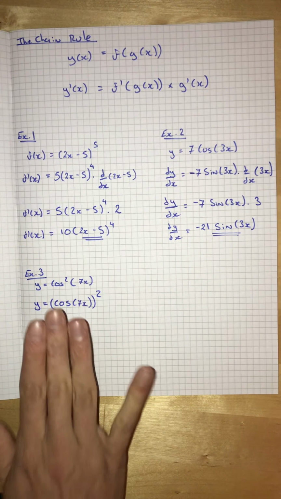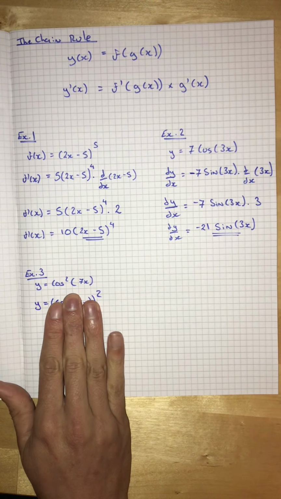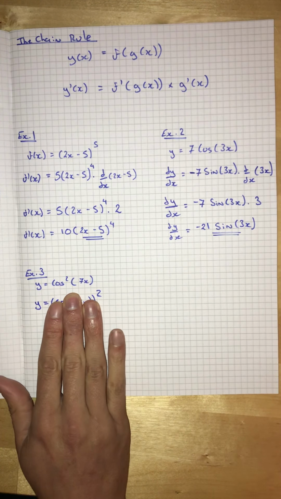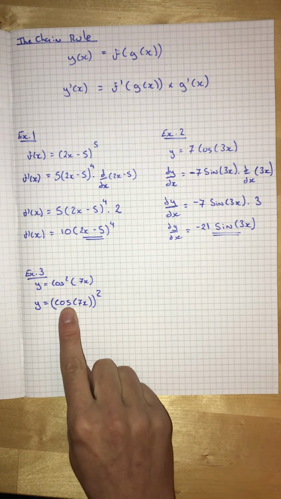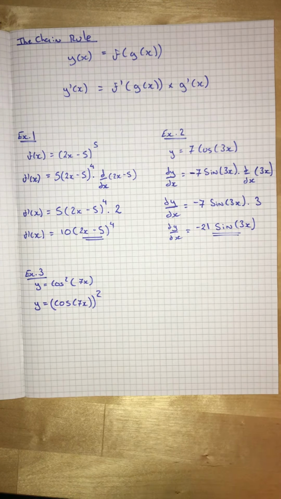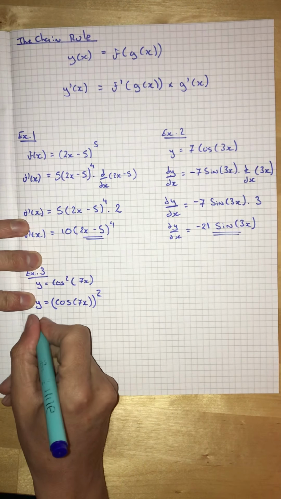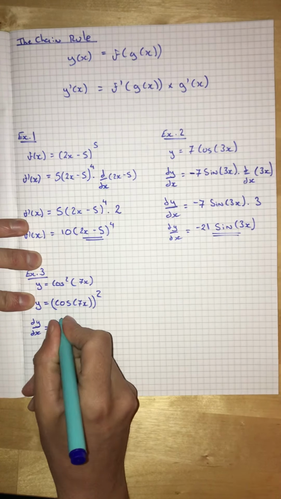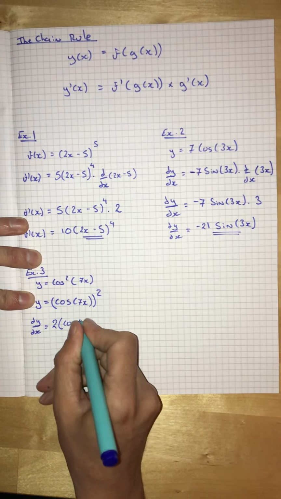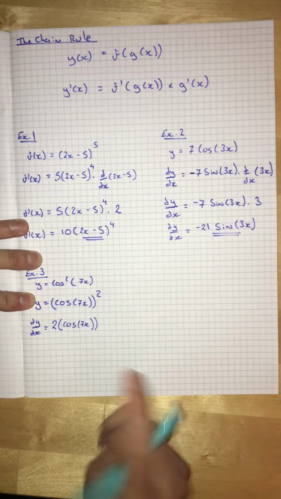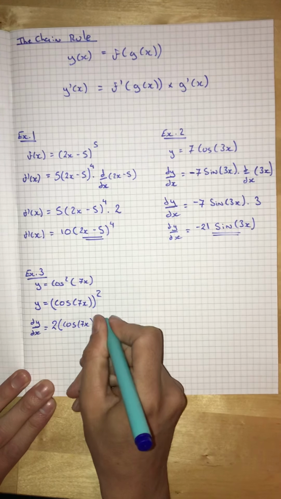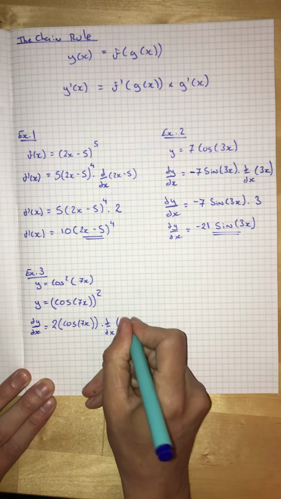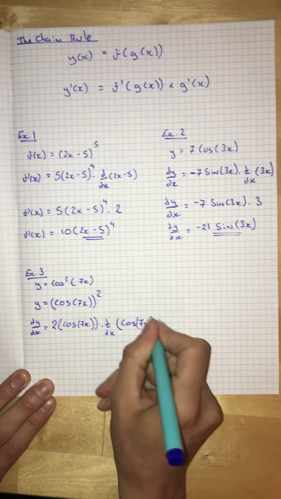Okay, so you can see that the external function is what's outside the bracket, squared. Then the next function is the cos, and then the next function is the 7x. So we'll write it out bit by bit. So we're going to get 2 bracket cos 7x to the power 1 times by the derivative of what's inside the brackets, which here is cos 7x.